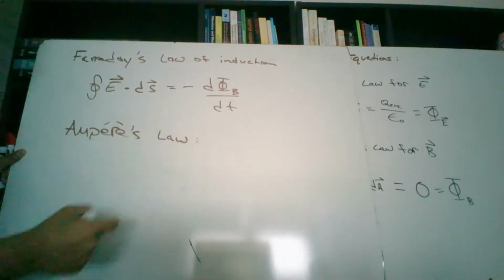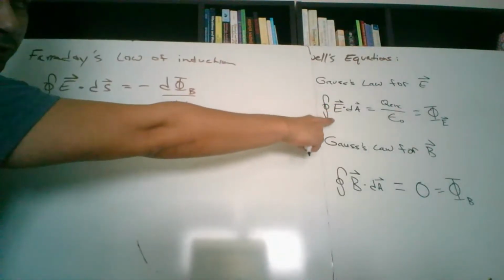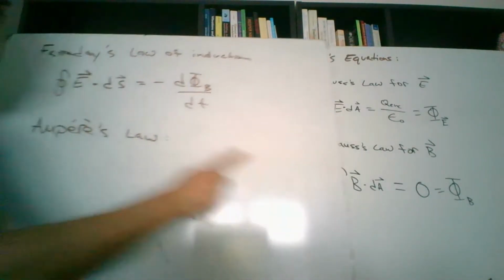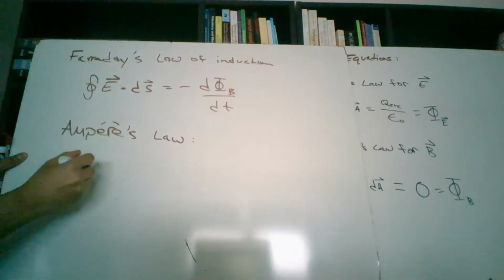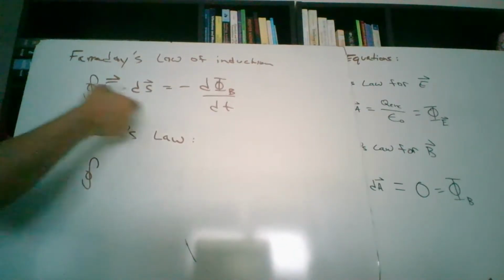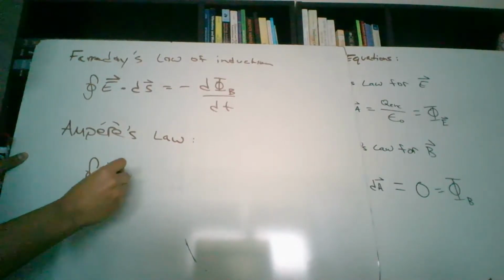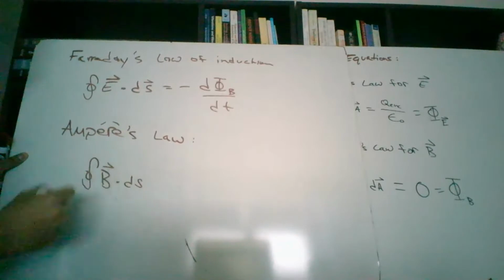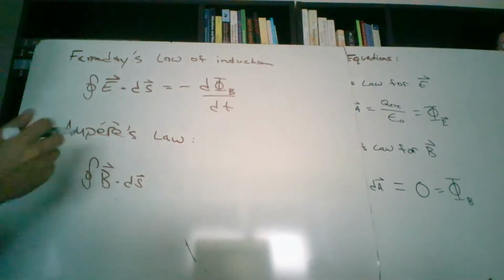Ampere's law is kind of the opposite of this. Just like you had one for electric field and one for magnetic field, you also have this for electric field, and then you have this one for magnetic field, which is written exactly the same way. The closed integral of B dot ds. Is it dot ds? Yeah, sure, why not?